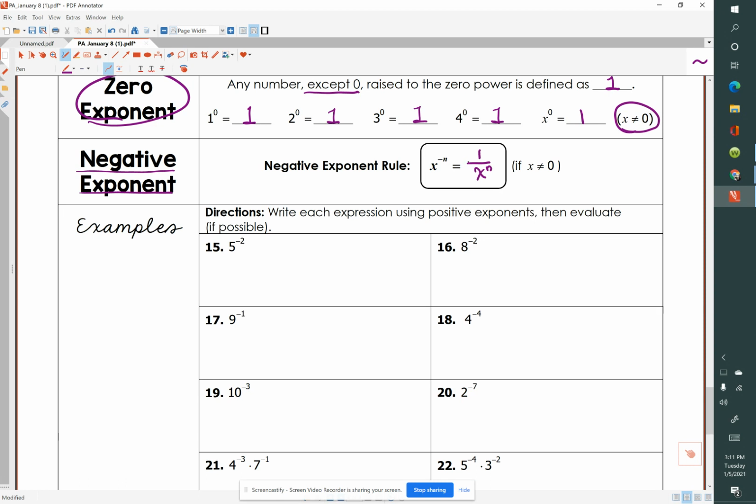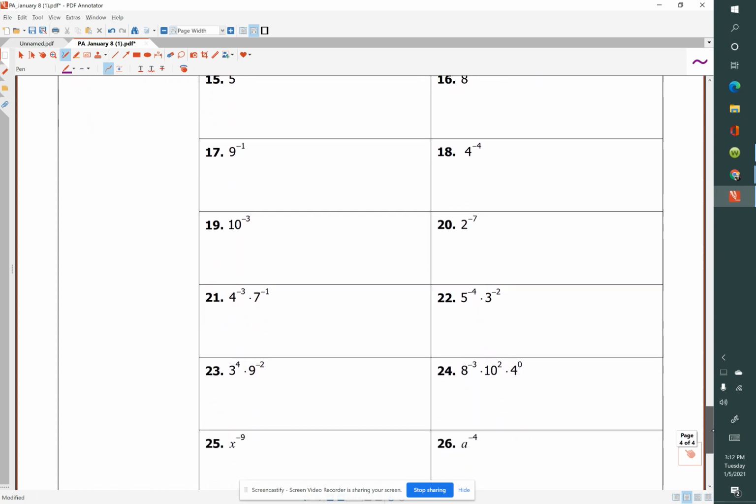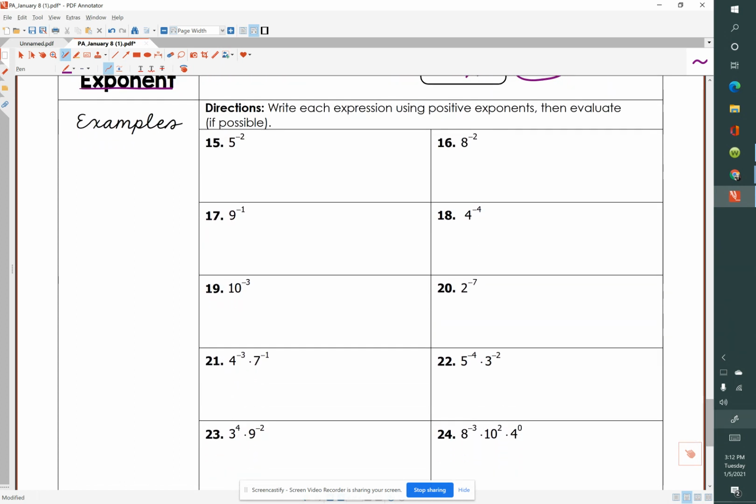X to the negative n equals 1 over x to the positive n. So we can get rid of this negative exponent by putting it as a denominator under 1. This only works if x does not equal 0. So let's do some practice with these negative exponents. And also with, let's see, maybe we have some 0 exponents too.